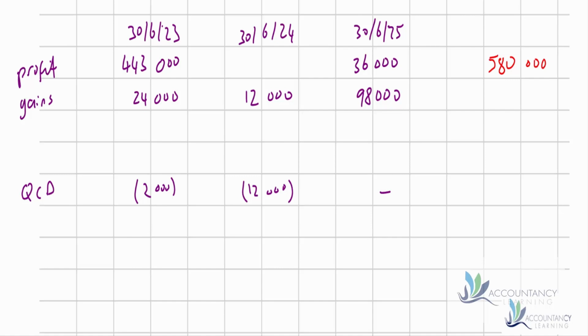We've got gains of 12,000 in the loss-making year. So I want to use 12,000 of my losses and immediately offset that against the gain that we made in that year. And that means now we have 0 profits available, and therefore we cannot use any of those charitable donations to pay less tax.